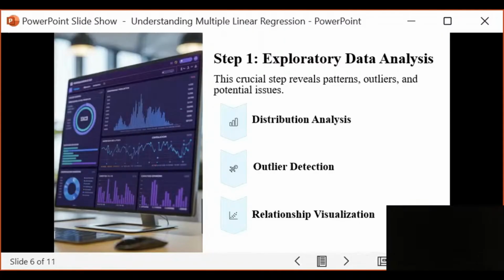So overall, in summary, exploratory data analysis helps us clean, understand, and visualize our dataset. It also sets the stage for accurate modeling. And once we've checked the distributions, handled outliers, and visualized relationships, we are now ready to move on to the next step.